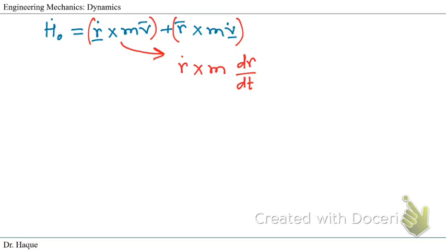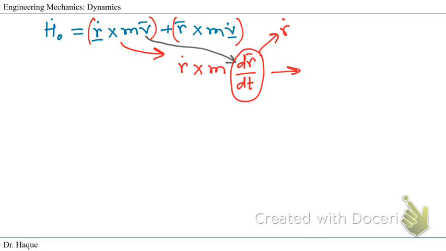Because our velocity here is the derivative of position with respect to time. So I write v as the derivative of r, which is a vector, with respect to t. Again, dr over dt can be written as r dot, because r dot means dr over dt. So it's exactly what happens.